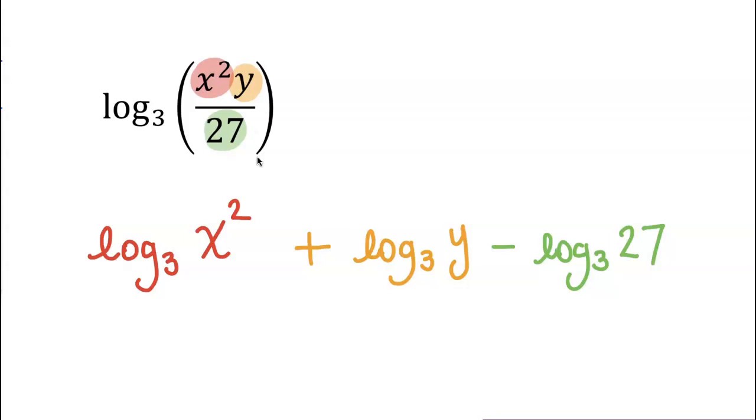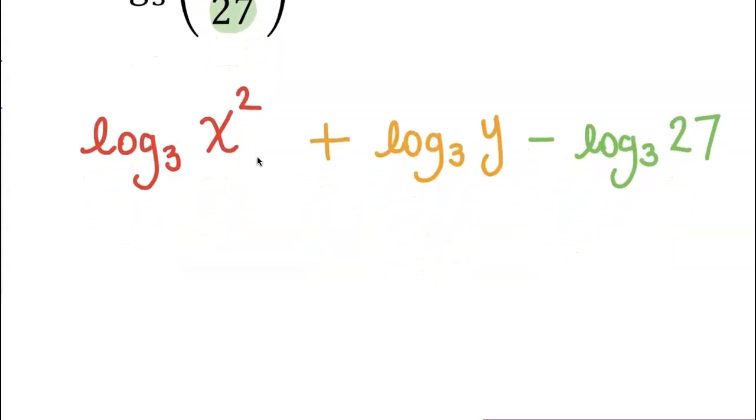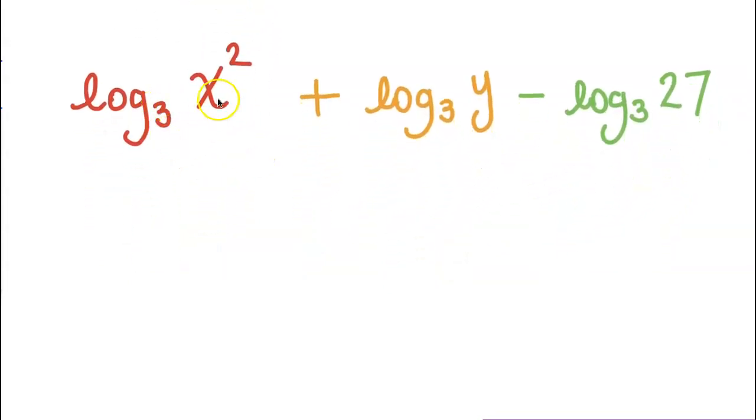See, we just used log properties to expand it out. Well, the sum and difference, but there are a couple more things that we can do at this point, okay? Watch the first red one. Notice we have log base 3 of x to the second power, right? What we can do is bring that exponent of 2 down to the front.